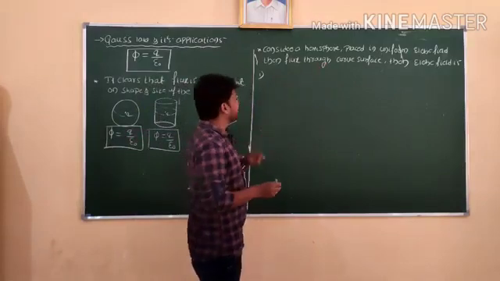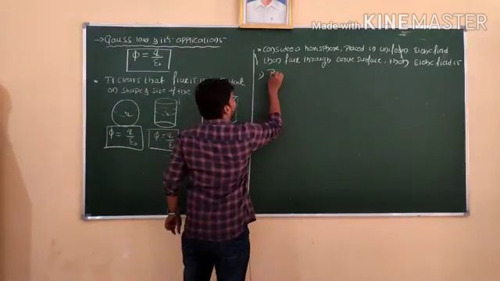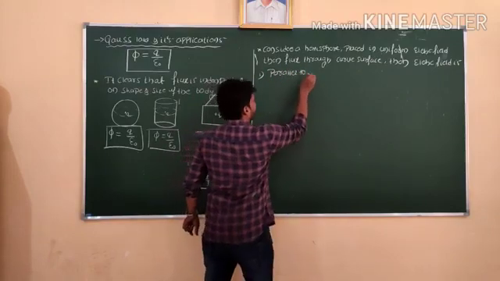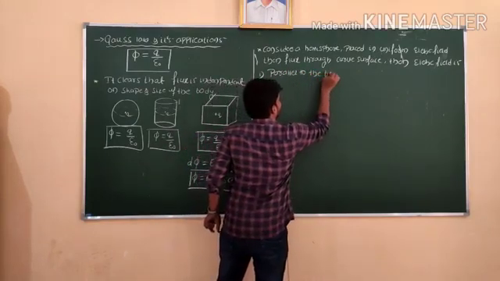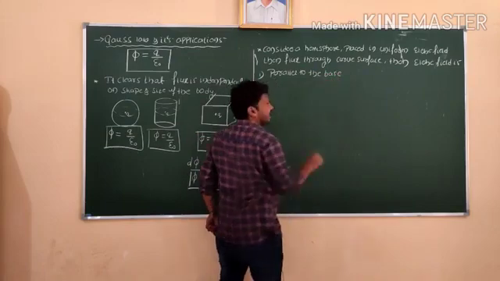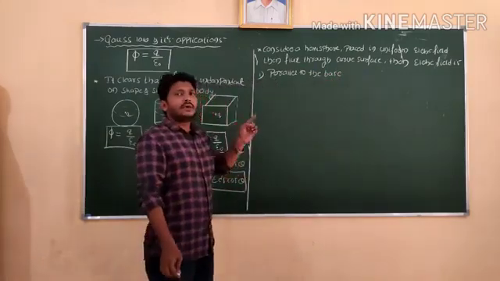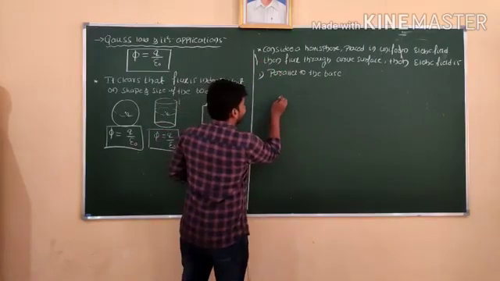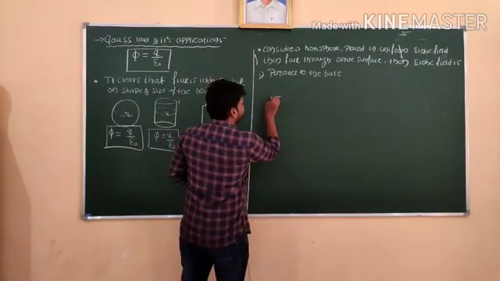So if the electric field lines are, first case, parallel to the base, what is the flux through a hemisphere I will calculate. First I will draw the hemisphere here.